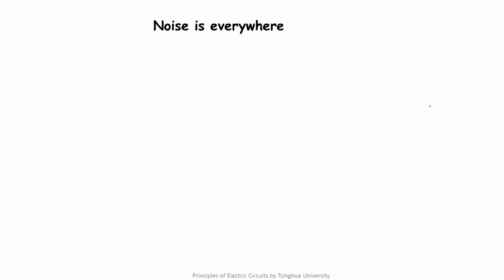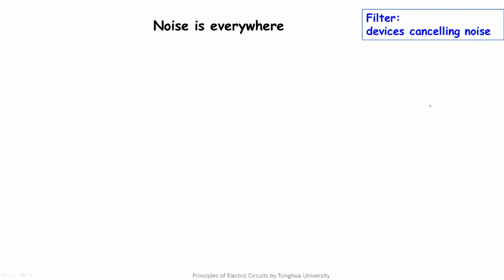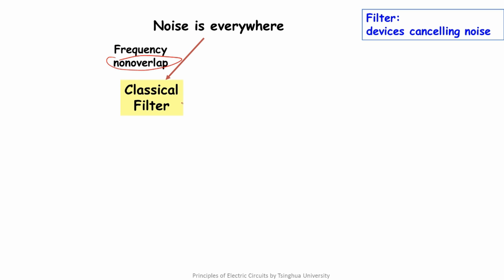The so-called filter is the equivalent used to eliminate the influence of noise. The scope covered by filters is very broad. Here we give a simple introduction. If the useful signal frequency and the frequency of the noise are not overlapping, in this case, the designed filter is called the classical filter.